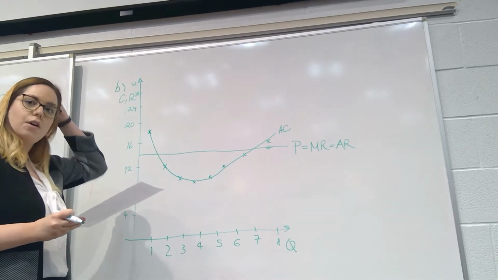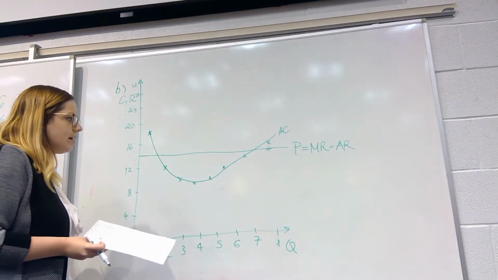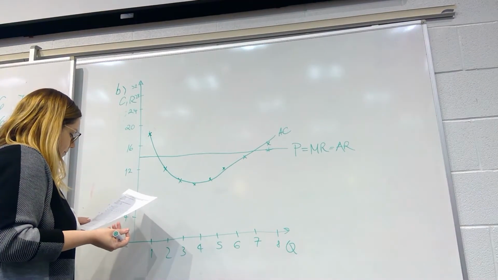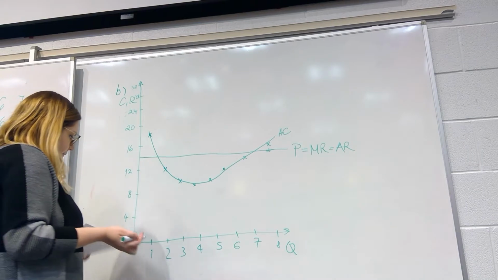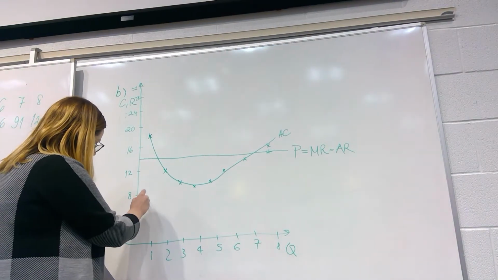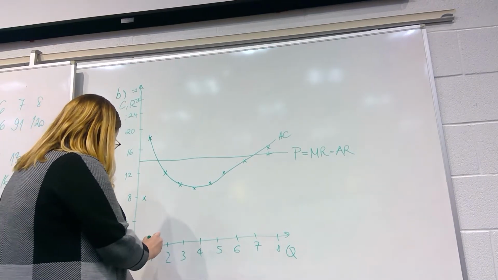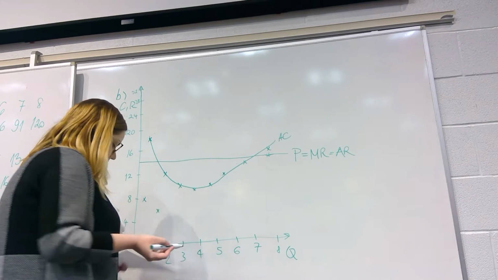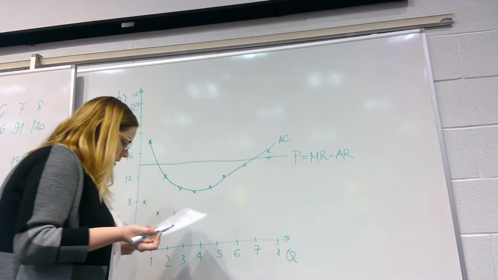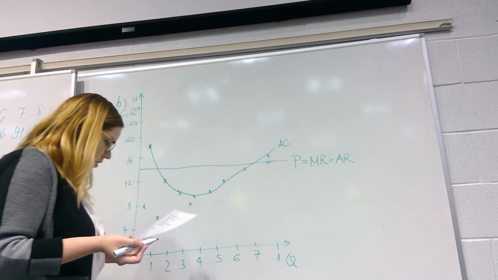Next, we are going to draw our marginal cost curve. Again, we have all the information in our table that we solved at the beginning of the exercise. With the output between 0 and 1, our marginal cost is 8. Next, our marginal cost is 6. Then we have marginal cost of 6 again. Then our marginal cost is 8 again.